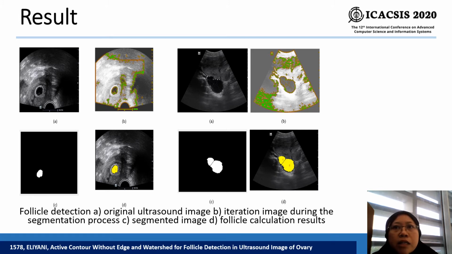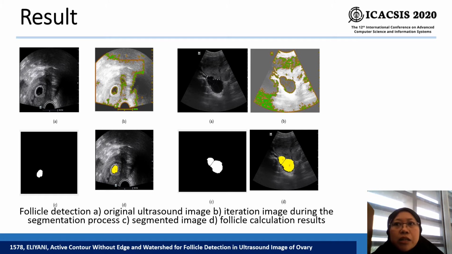Active contour without edge is done by beginning to determine the initial marks using the separate object from the background image. Opening and closing methods are used after determining the initial marks on all experimental images. Watershed segmentation is done by helping separate the attached follicles so that the calculation of the number of follicles is accurate.